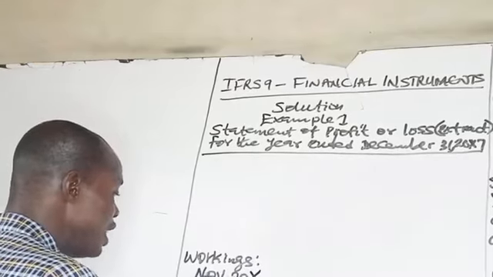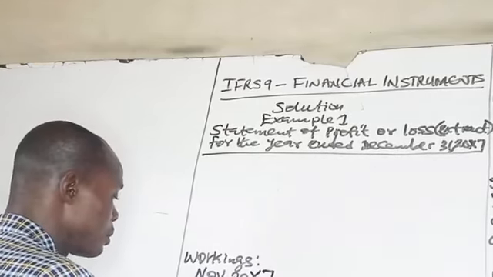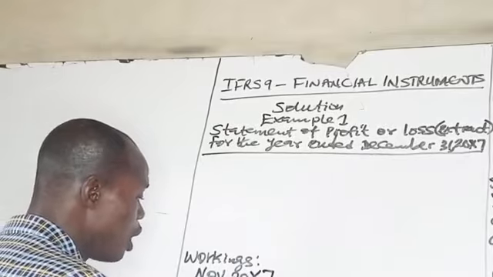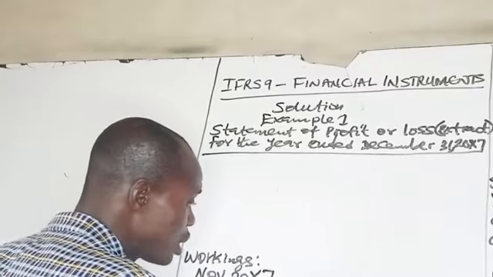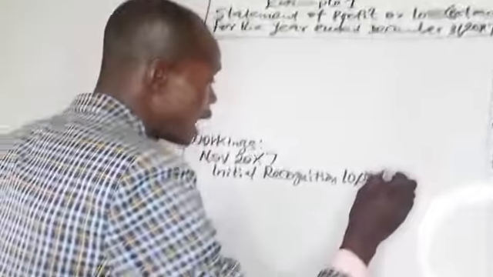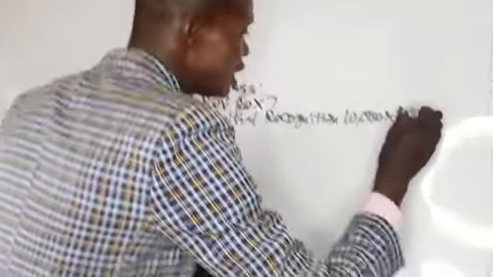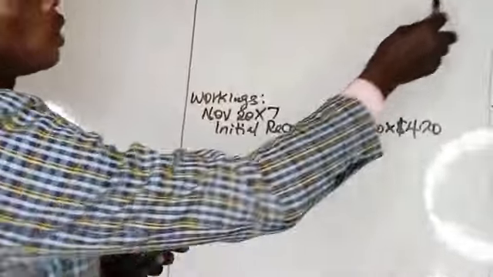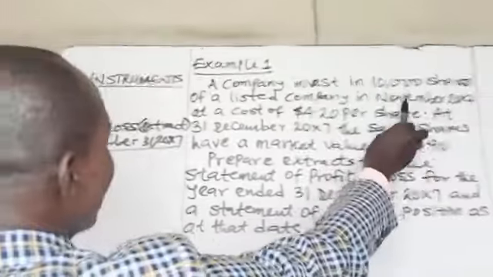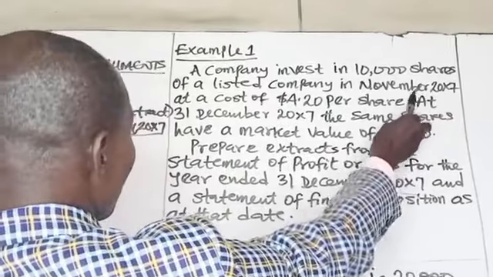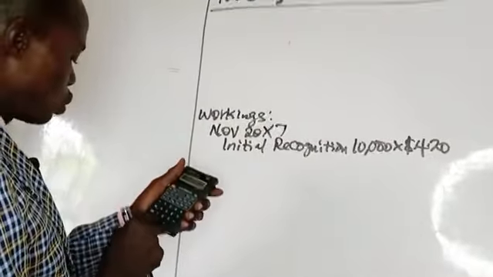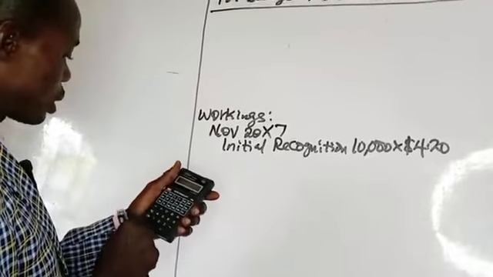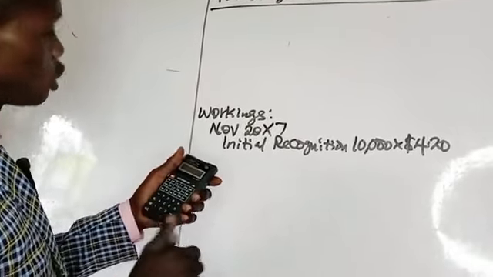So we have initial recognition or initial measurement. 10,000 shares, and the price as at that date is 4.20. The price as at November 20X7 is 4.20 per share. So how much is the total proceed? 4.20 times 10,000 shares. That gives us $42,000.